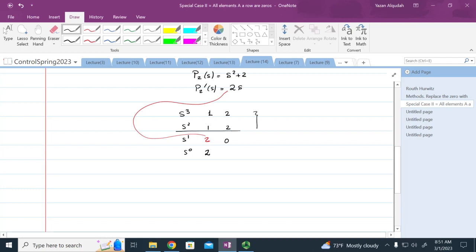So if I look here, there are no sign changes. This means there are no roots in the right half plane. If I look here, there are no sign changes. This means we have 2 roots on the j omega axis.